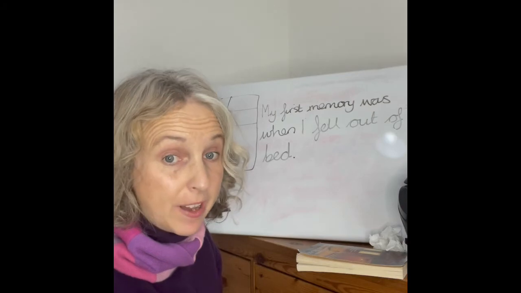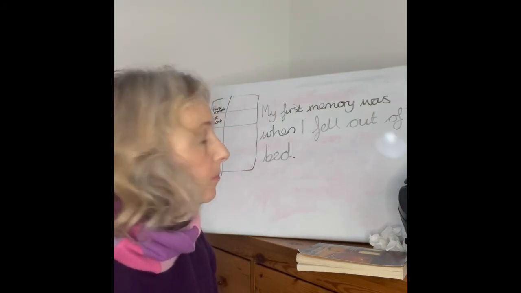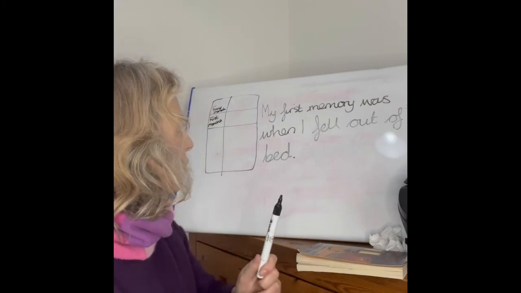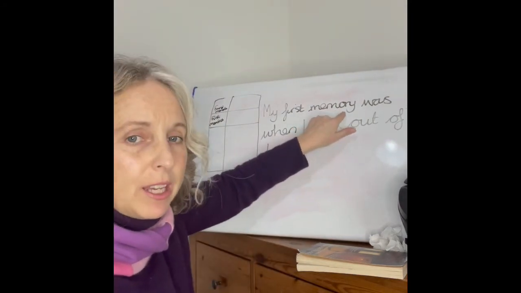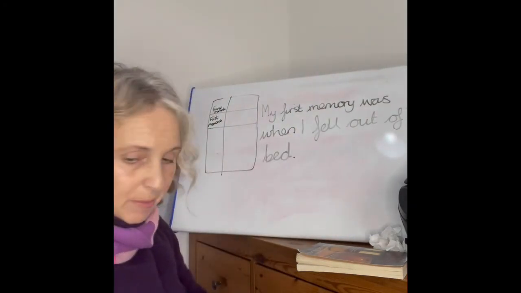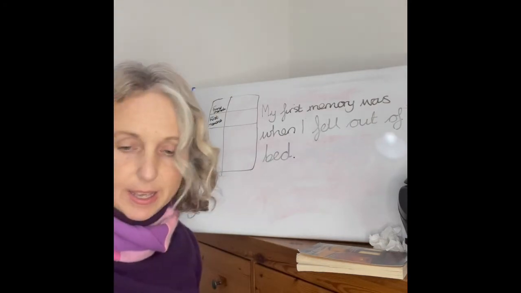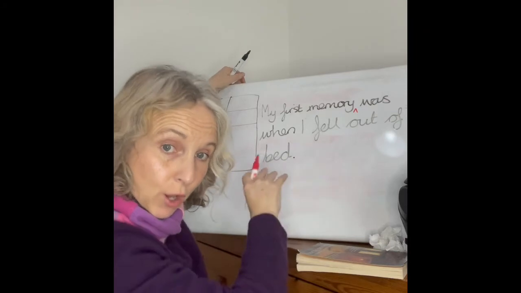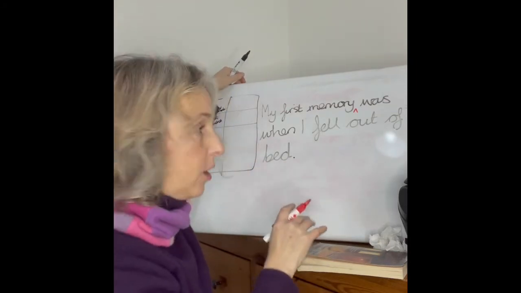when I was 5. Yeah, that's a little bit of extra information. And we're talking about the memory, aren't we? So if I add up there, my first memory, and again, you'll need to write the whole sentence out once you've discovered it.